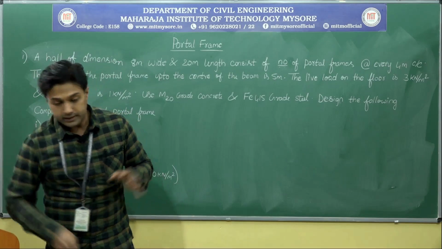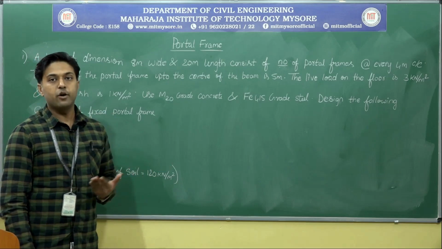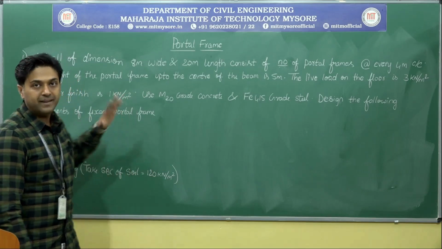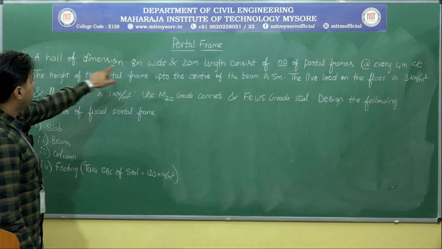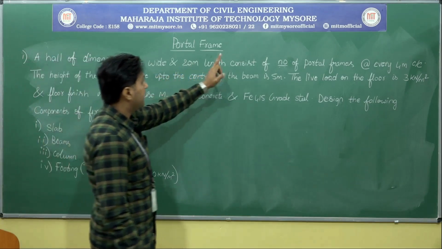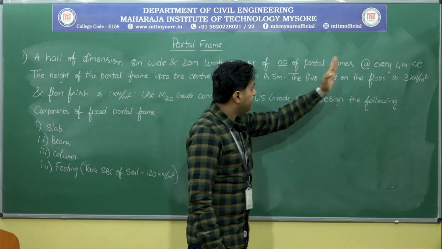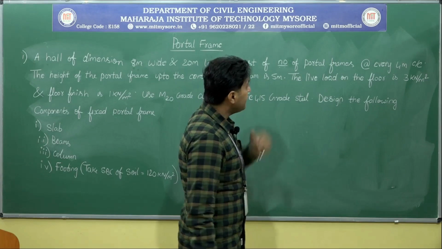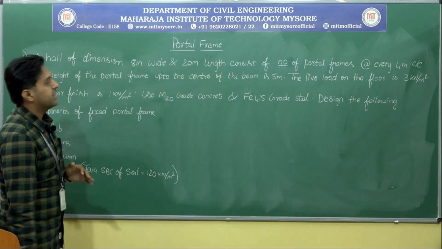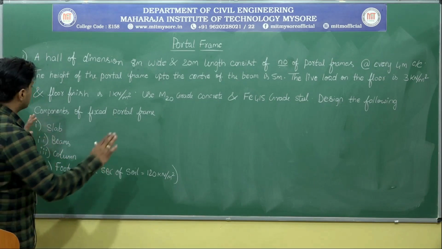Okay. So, this is the question that I will be taking to make you people understand the design of fixed portal frame. So, let me read it again. A hall of dimension 8 meter wide and 20 meter length consists of number of portal frames at every 4 meter center to center.